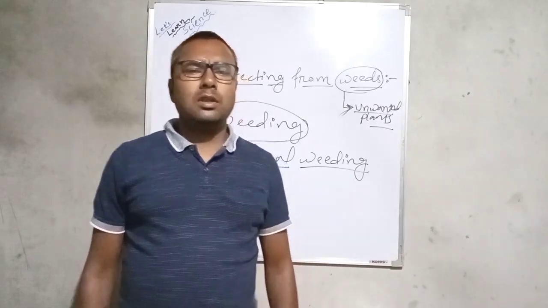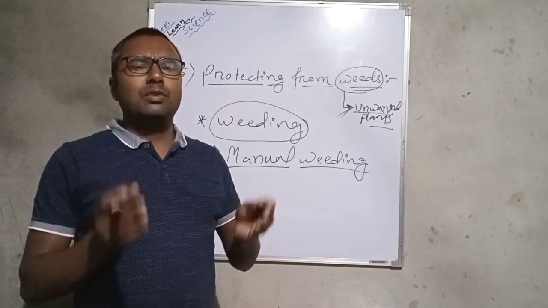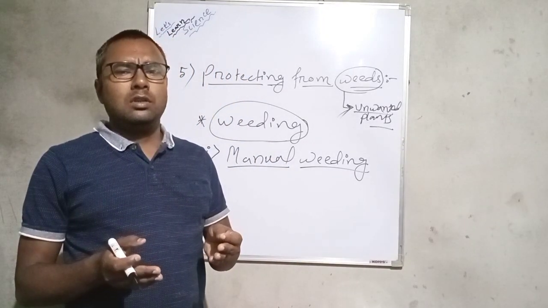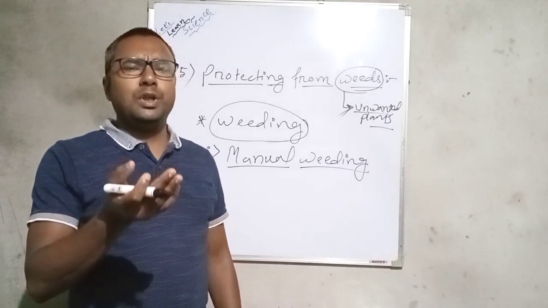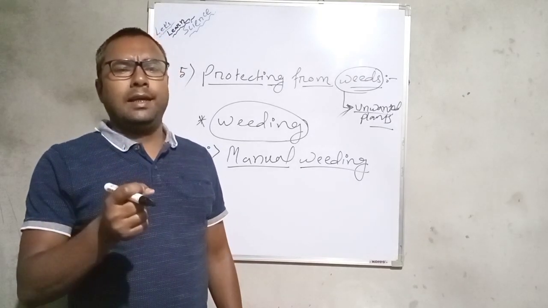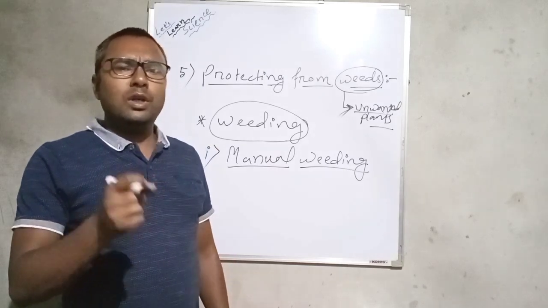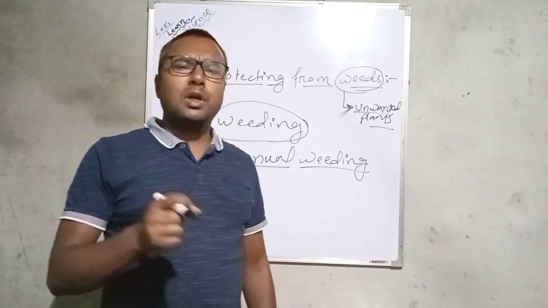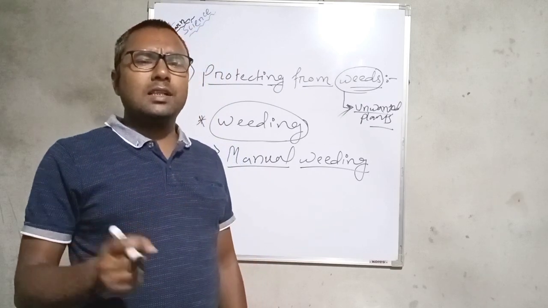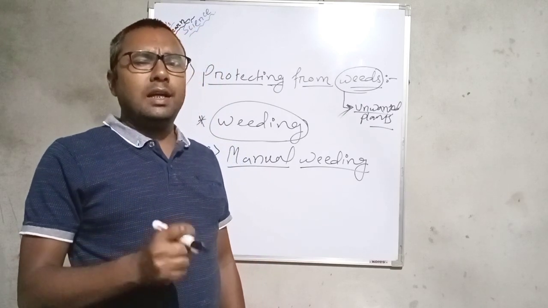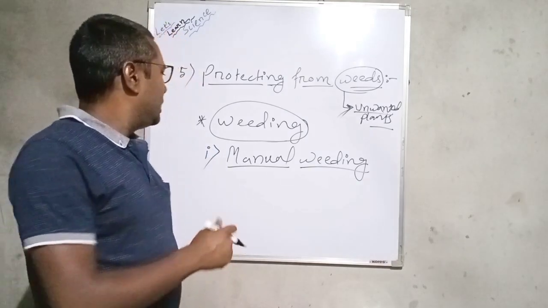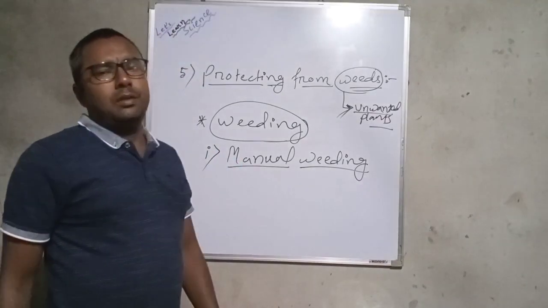Manual means removing weeds or uprooting weeds by using hand. When the weeds are removed from among the crop plants in the agricultural field by using the hand, that is called manual weeding.